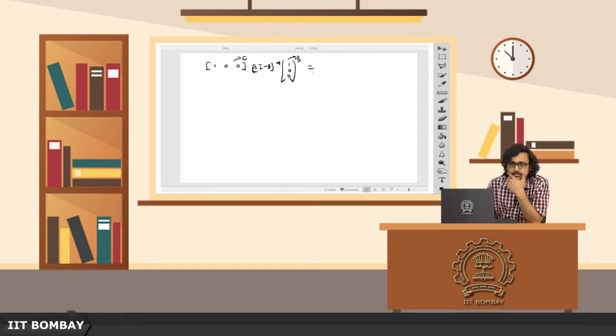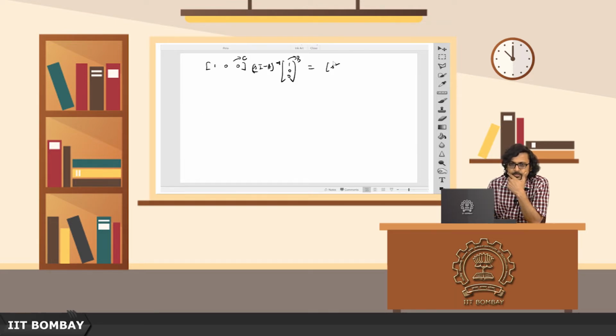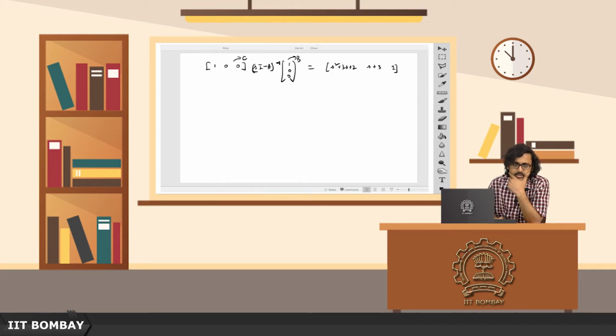So this is going to be nothing but the first row: S squared plus 3S plus 2, the second entry I believe was S plus 3 and the third entry was 1. Let me just check and be sure, yeah, I am correct. And finally, you could have also looked at it from this manner, that this post-multiplier is actually going to pick out the column.